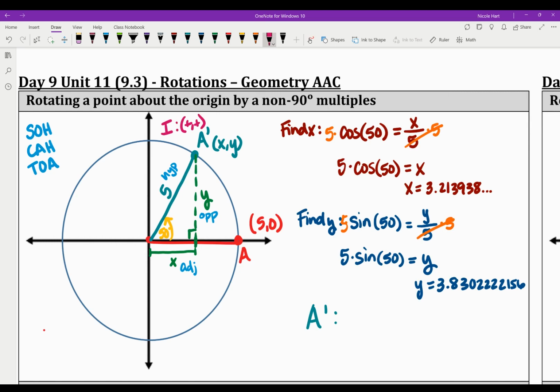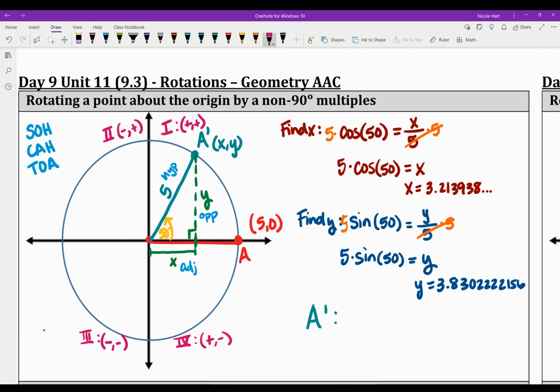Traveling counterclockwise in quadrant 2, we have negative x and positive y. Going down, quadrant 3, we have negative and negative for both. And then lastly, quadrant 4, we have a positive x and a negative y.